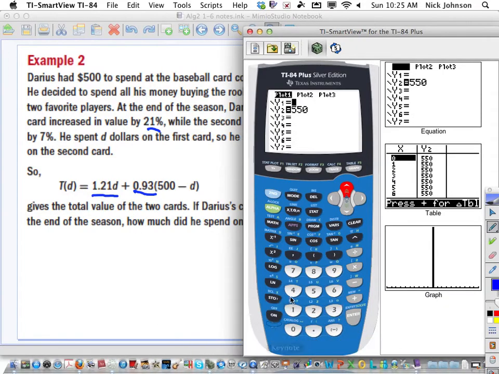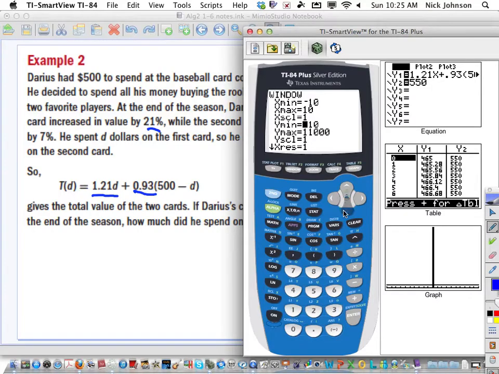And my equation is 1.21x plus 0.93 times the quantity 500 minus x. Okay, so I don't have to have my window that high now. It was at 11,000. I can have it go up to 600. So I just want to see 550, right?